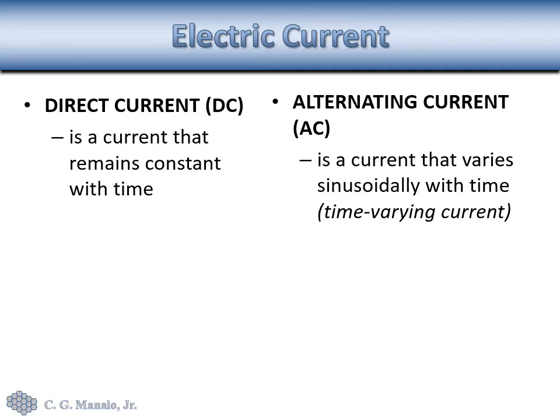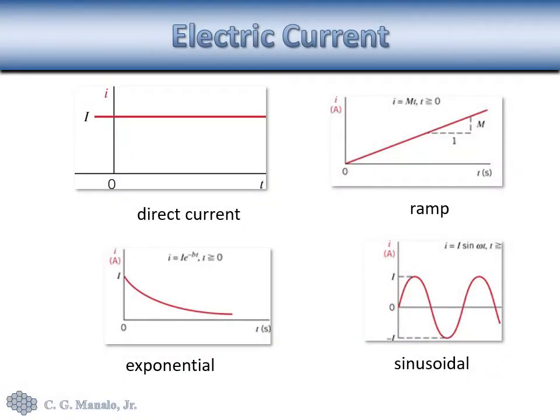And for alternating current, the rate of flow of the charges per unit time is changing, so we call it alternating current. If we graph the direct current, it would look like this.